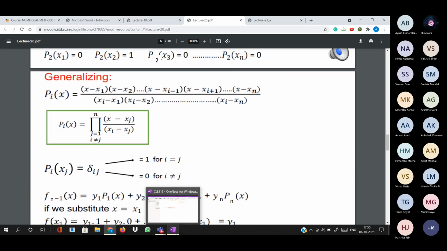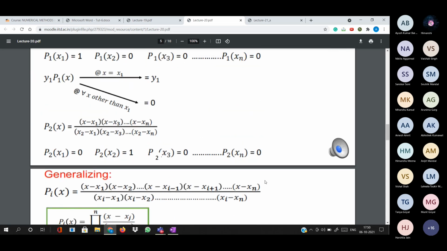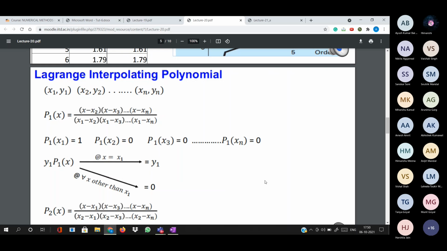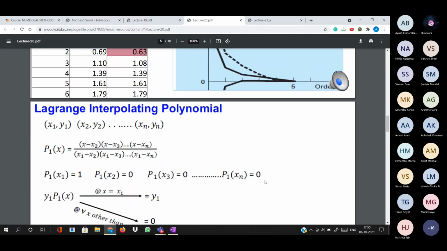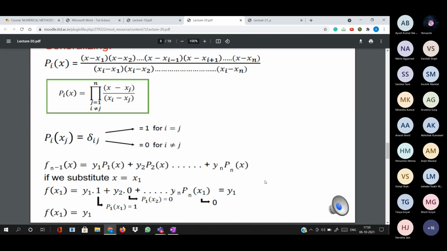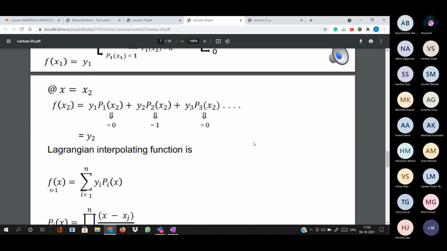Suppose we are just approximating it like this. It is not given how we are exactly going to write it.